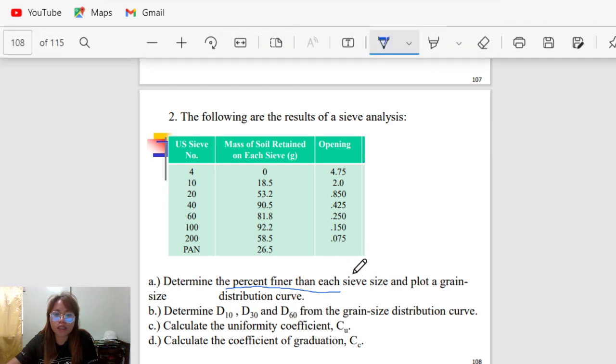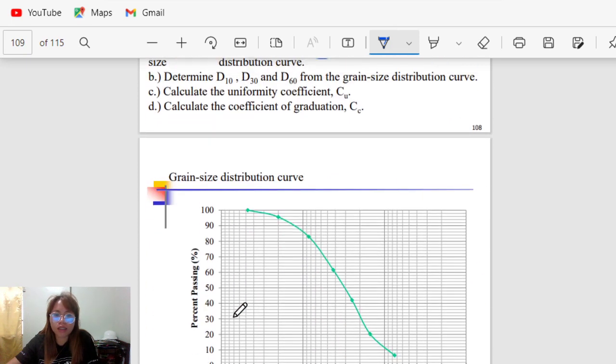So try to answer these questions, A, B, C, D, as your assignment.